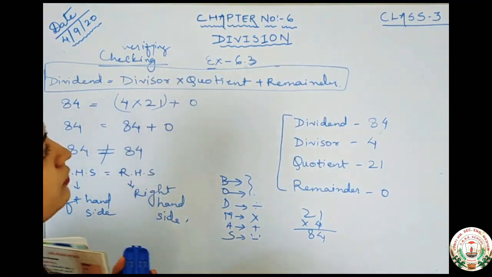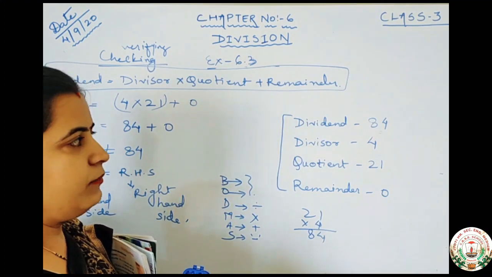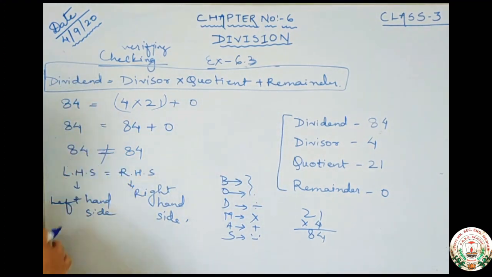Dividend is equal to divisor into quotient plus remainder. When both the sides come equal, it means your division is accurate. When both the sides are not equal, it means your division is not accurate.